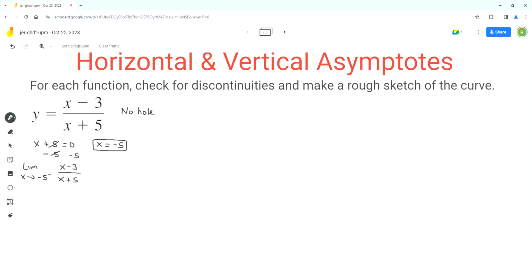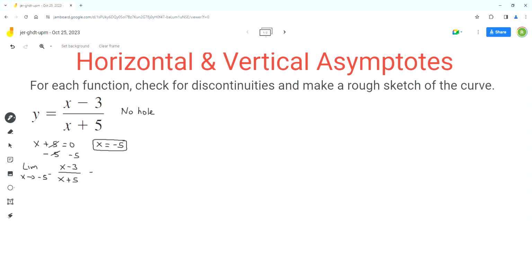We have to apply the limit from the left side. That means we have to use a value of x which is close to negative 5 but on its left side on the number line. So for example, negative 5.1.